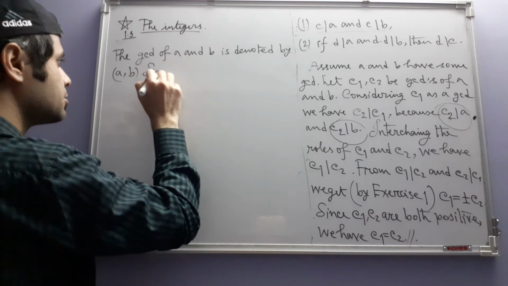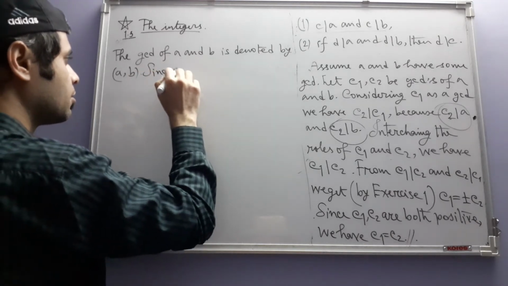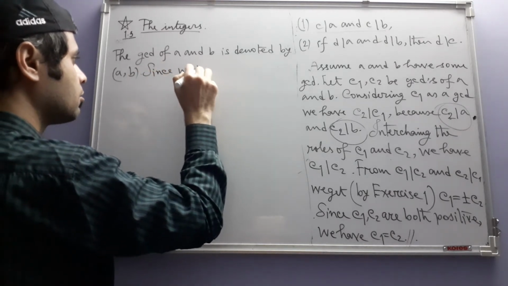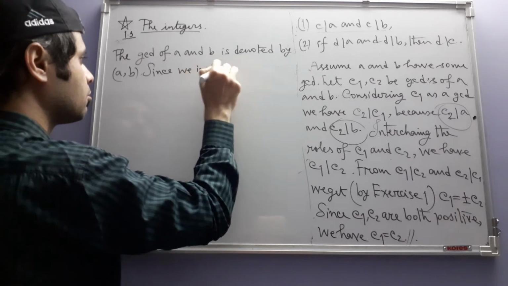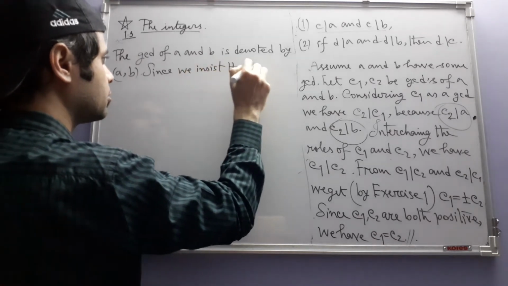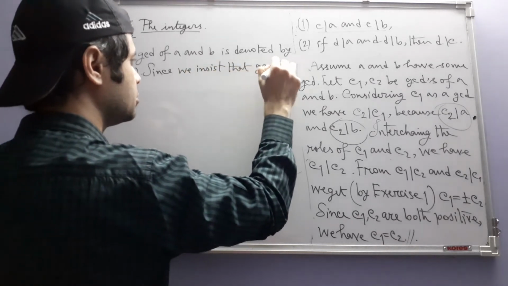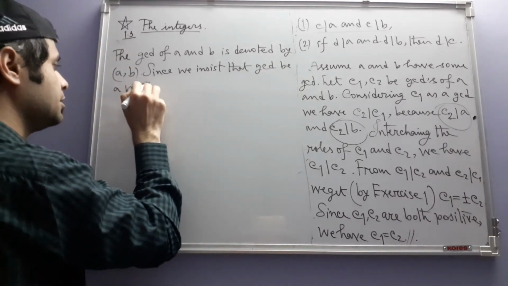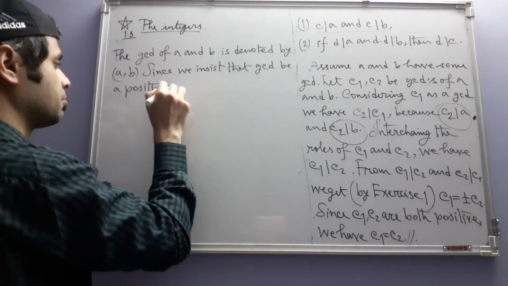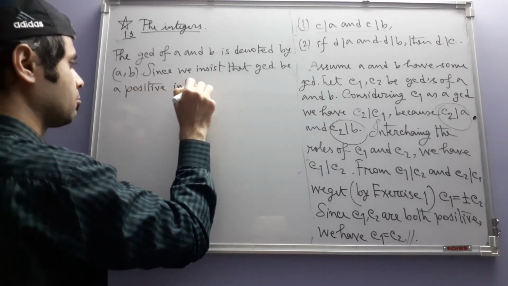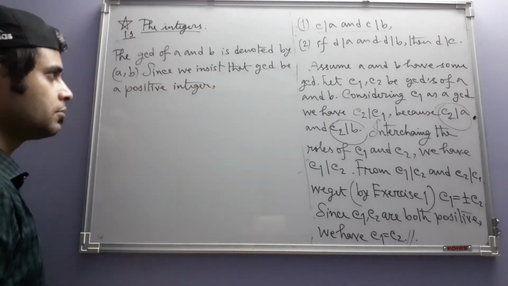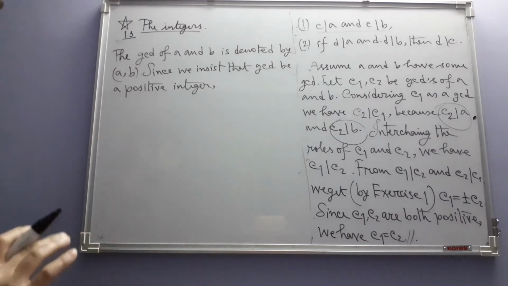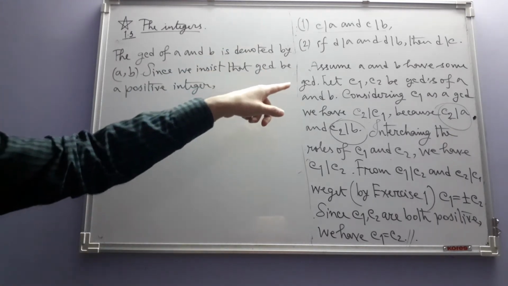Since we insist that GCD be a positive integer, GCD by definition is a positive integer satisfying two conditions.